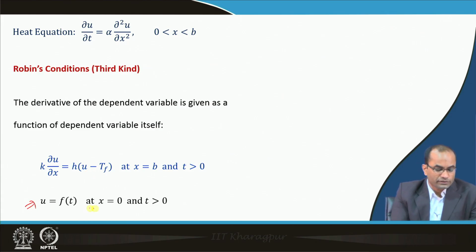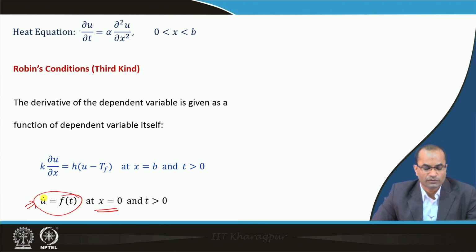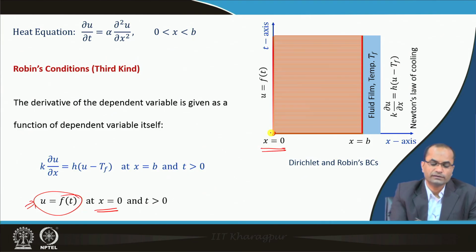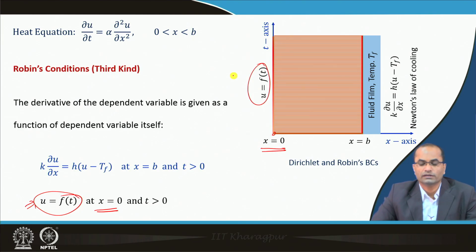The second end, for instance at x equal to 0, we are still keeping as a Dirichlet boundary condition. So, this is the situation from the modeling point of view. x equal to 0 is the end where we have the Dirichlet boundary condition.